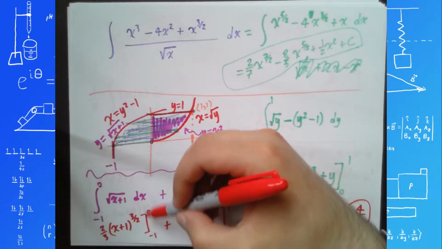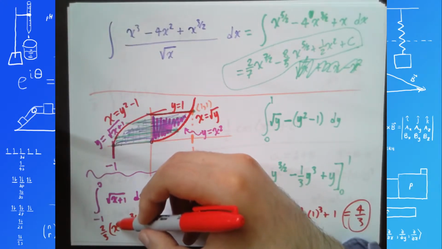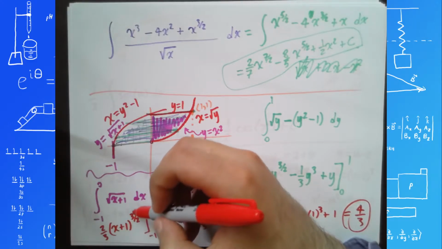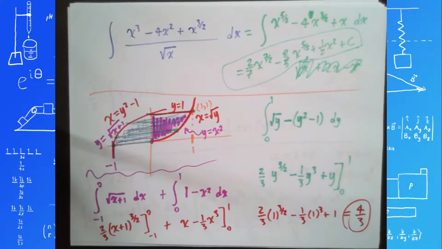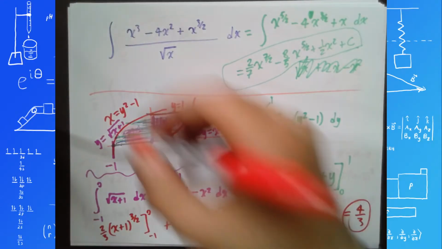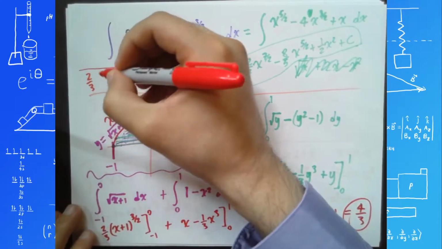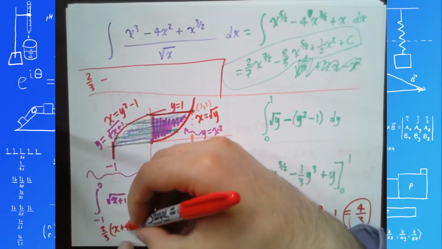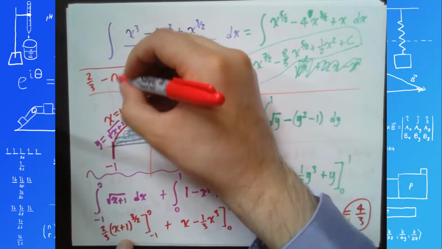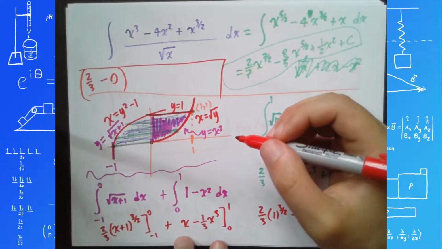Okay, from -1 to 0, so if I plug in a 0 here, I would get 0 plus 1 is 1 to the 3/2 is 1 times 2/3 is 2/3. I guess I'll write that up here. So we got 2/3 minus, if we plug in -1, -1 plus 1 is 0, so that's 0. Okay, so that takes care of the first integral.